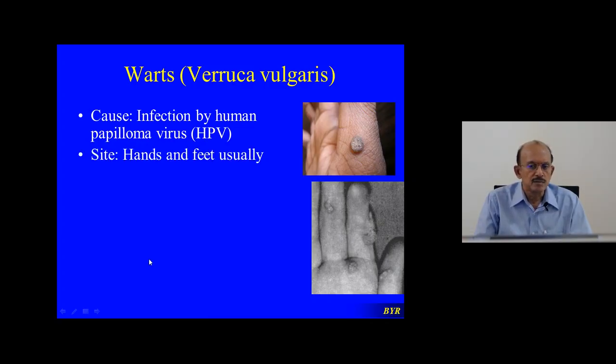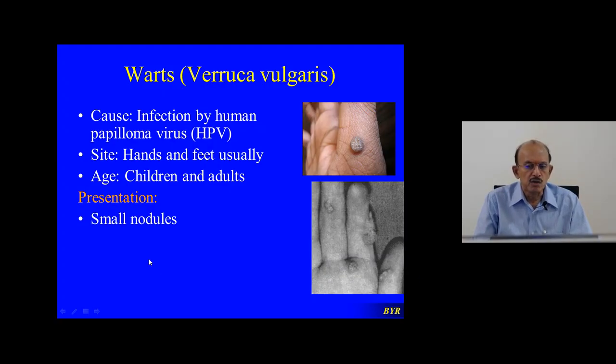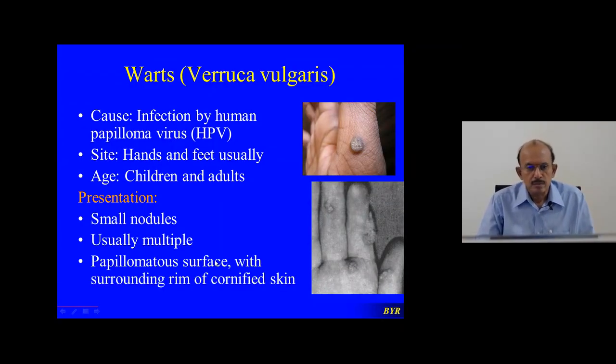Site: they can occur over the hands and feet, usually. Age: children and adults. Presentation: small nodules, usually multiple. The papillomatous surface with surrounding rim of cornified skin. So there will be a papillomatous surface and the surrounding skin is cornified or thickened.